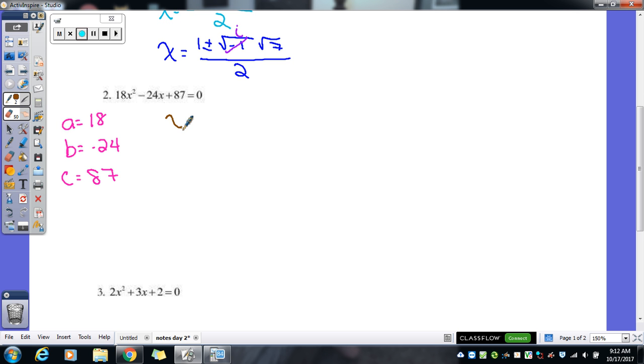So again, when I plug in the formula, my negative 24 becomes a positive 24. And then I have negative 24 squared minus 4 times 18 times 87, all over 2 times 18.